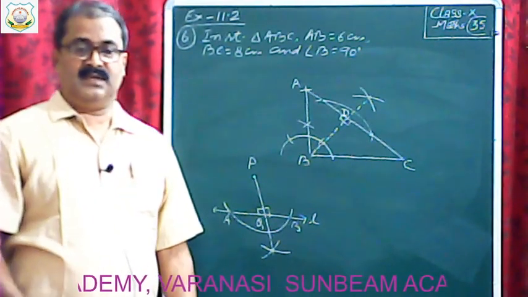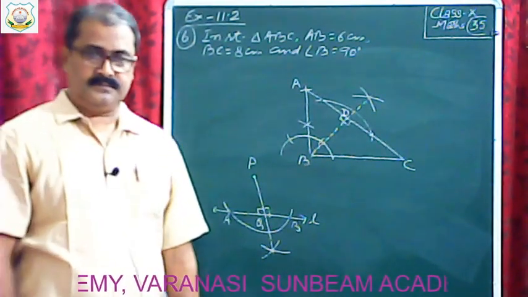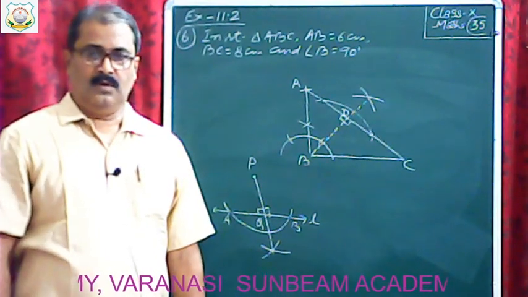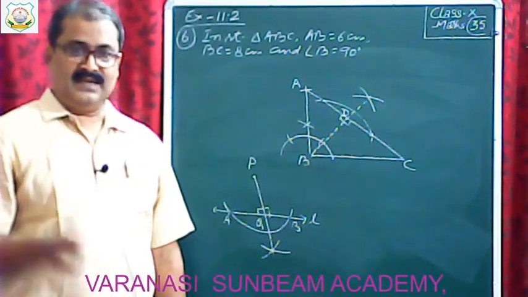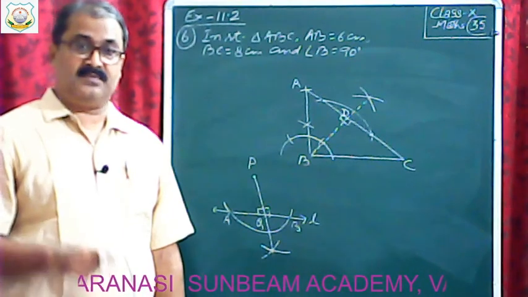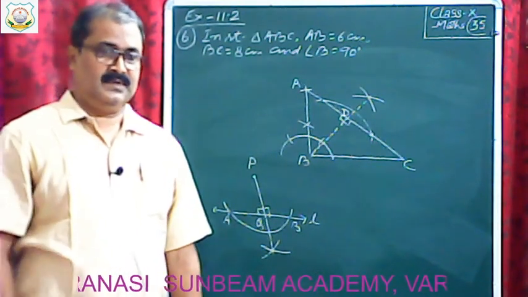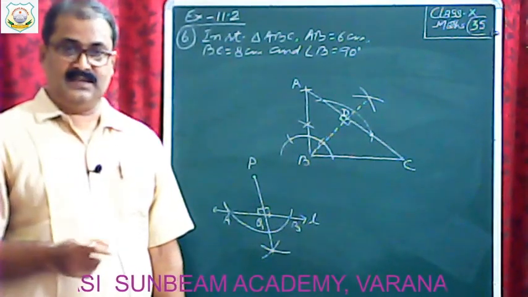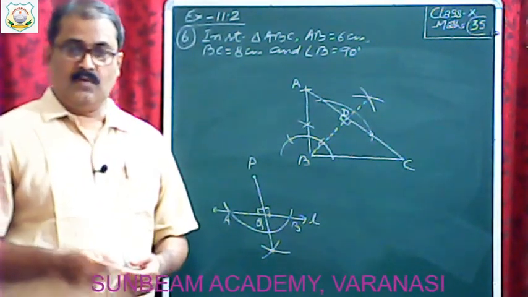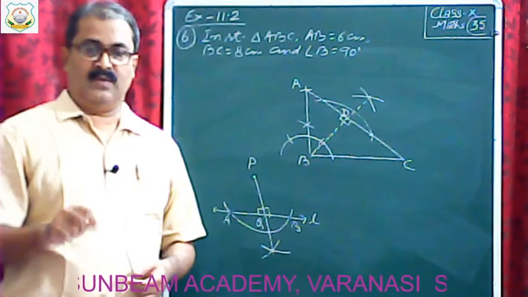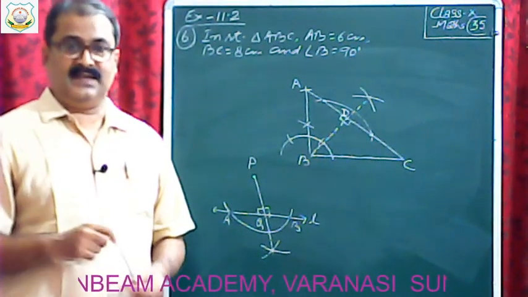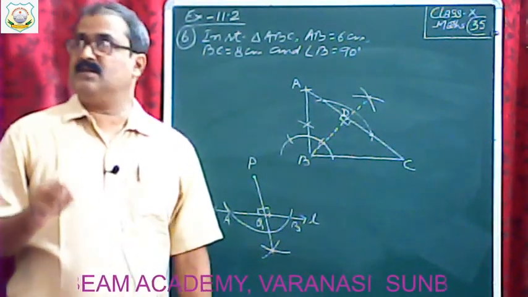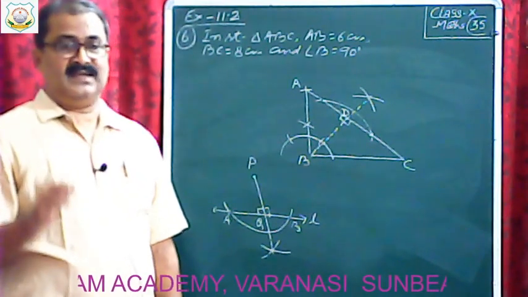The circumcenter is what? You should know. Point of concurrency of perpendicular bisectors of sides of a triangle. Listen again. What? Point of concurrency. Concurrency means what? When two lines have a common point, they are known as intersecting lines, and that common point is known as point of intersection.